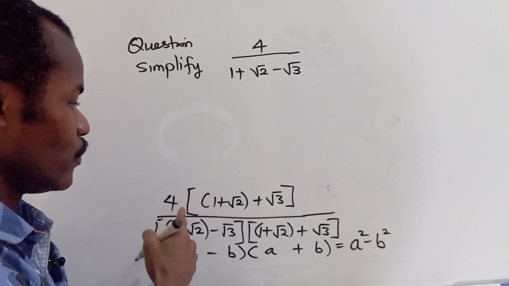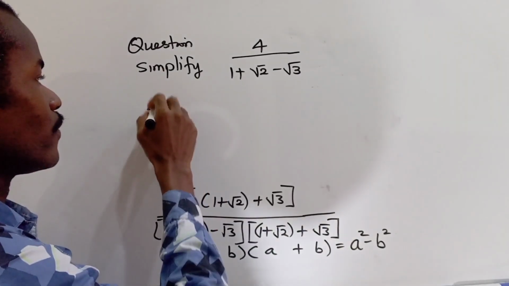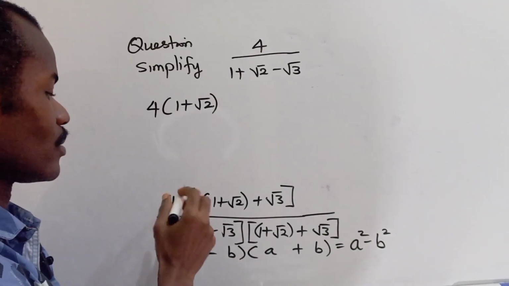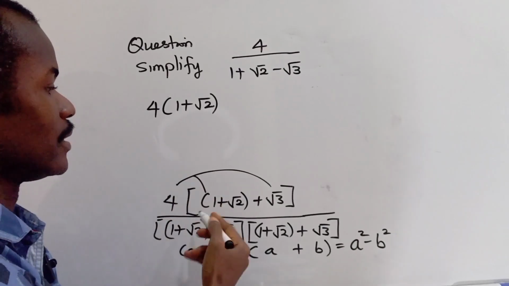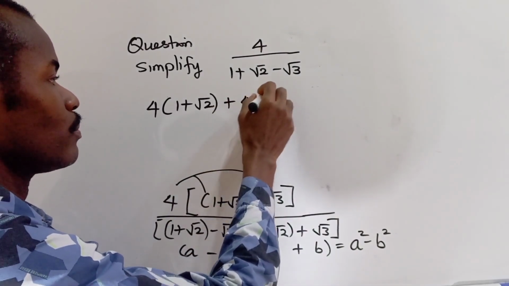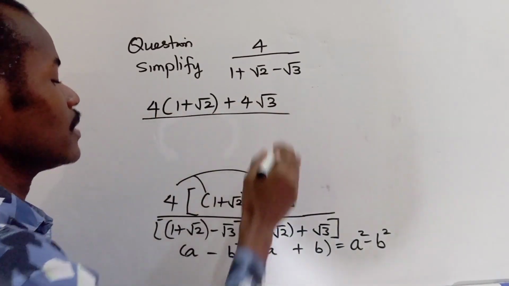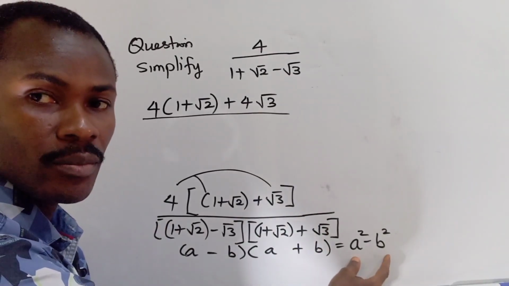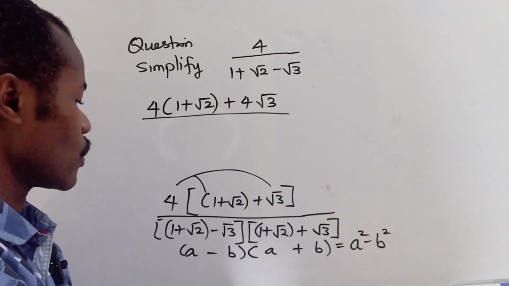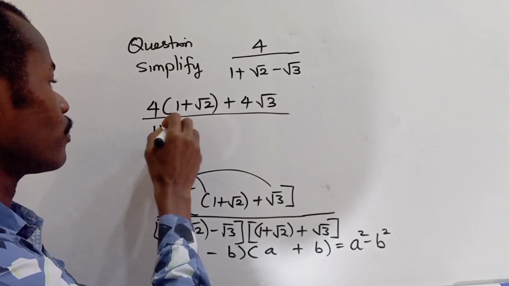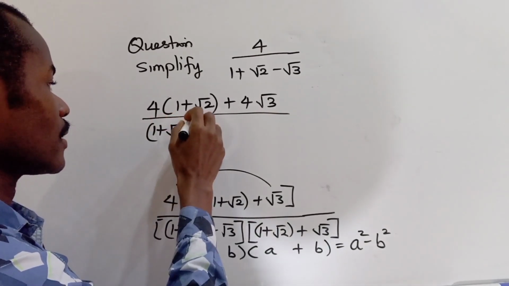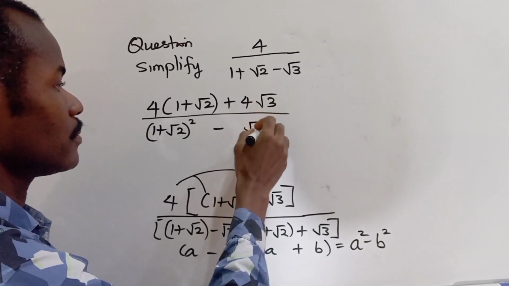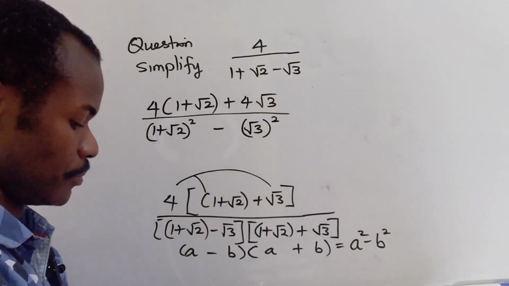So for the numerator, 4 is going to multiply this, so we have 4 multiply 1 plus root 2, and 4 is also going to multiply this, so plus 4 multiply root 3. Now let's express the denominator as a difference of two squares: 1 plus root 2, all in brackets squared, minus root 3, all in brackets squared.